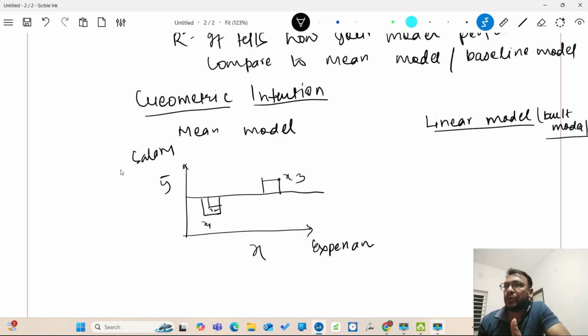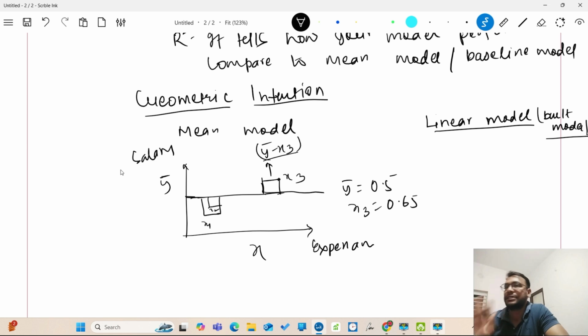This square basically represents the residual error from your mean. Just for the example, this average y is like 0.5, but this error for x3 gives 0.65. So this box represents y cap minus x3.